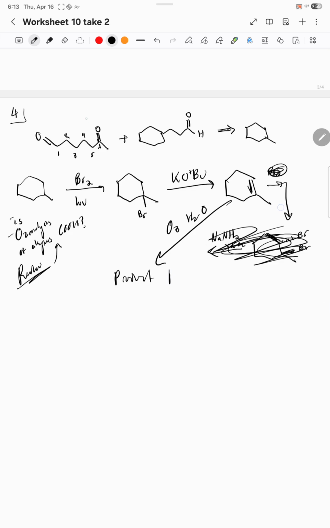Yes, if this was product 1, this is correct. Now, let's see how we can generate product 2. How do we generate product 2?